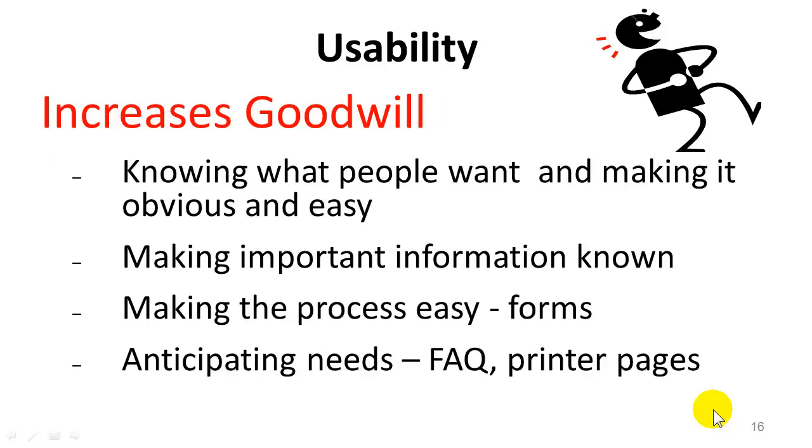All right, so to increase goodwill toward an organization: knowing what people want and making it obvious and easy. Making the important information known, not hiding it. Making the process easy. And anticipating needs. For example, frequently asked questions, printable pages.